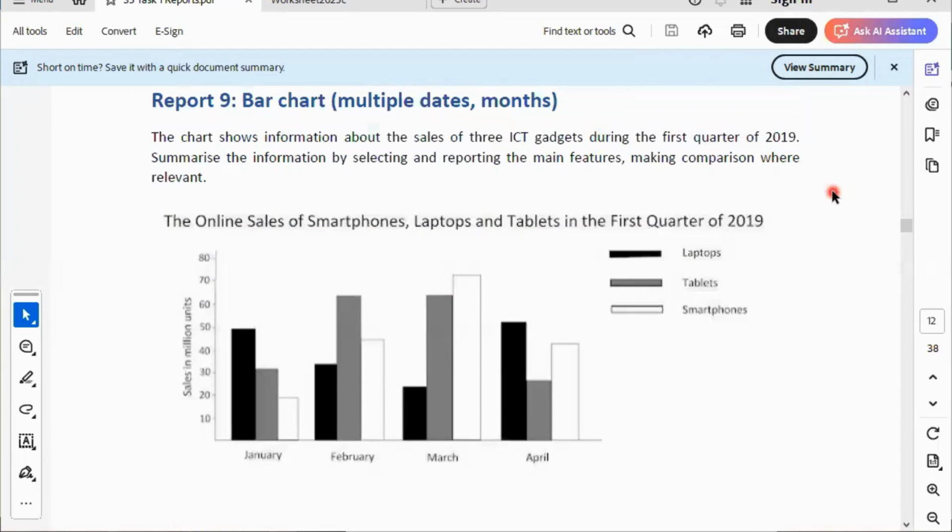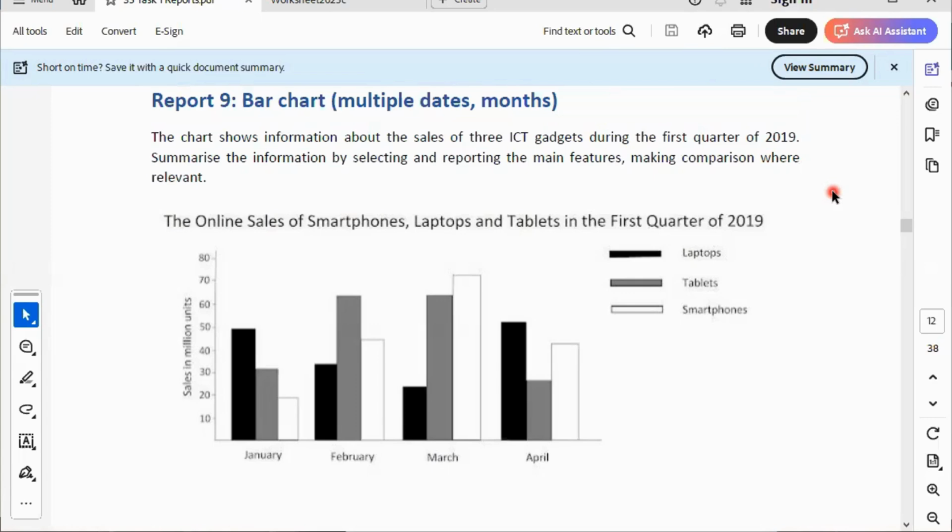Look at this question here. Let me ask a question. What language are we to use here? Language of trend and comparison or language of comparison only? Anybody who wants to tell me? I want you to tell me the language and tell me the reason. Let me see who can figure that out. Comparison only or trend and comparison?